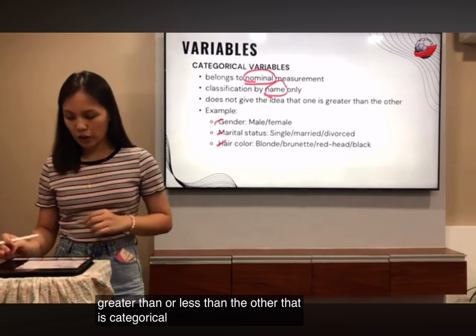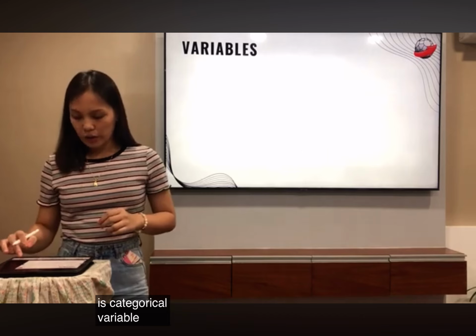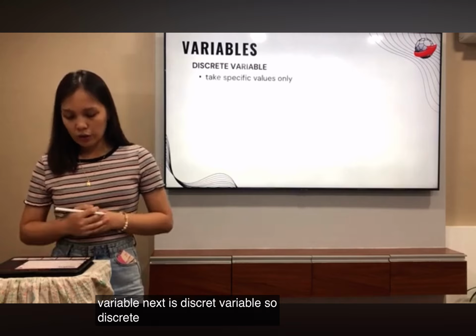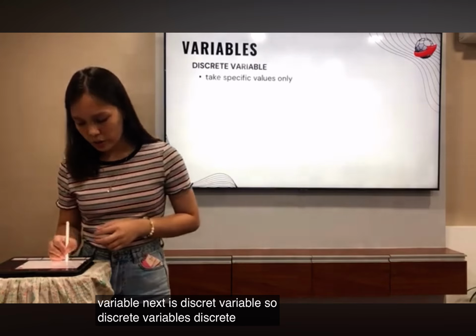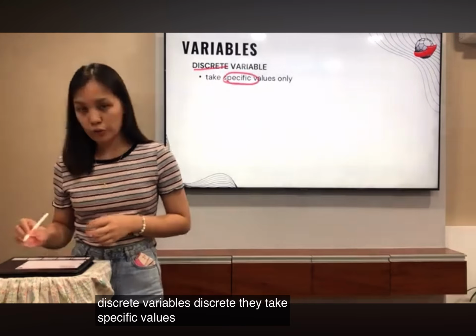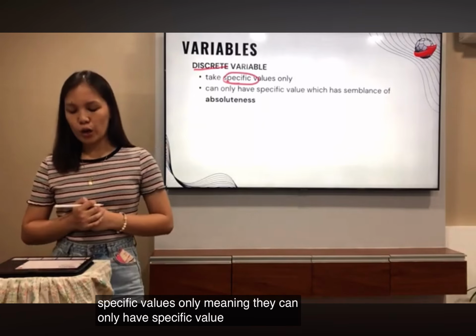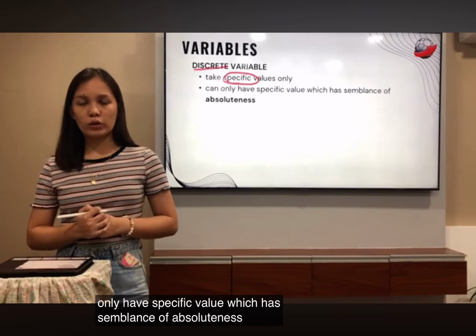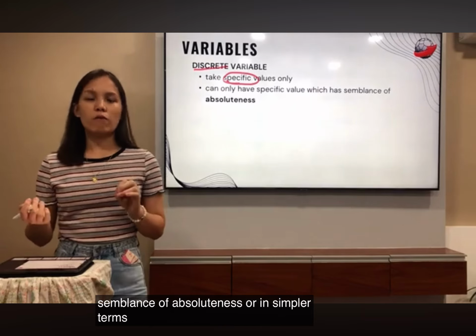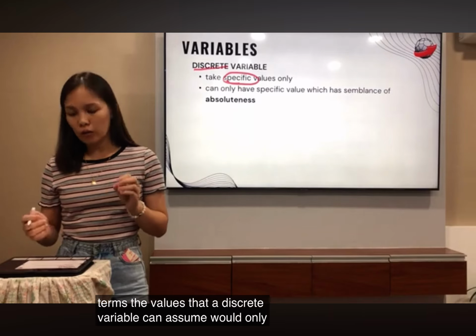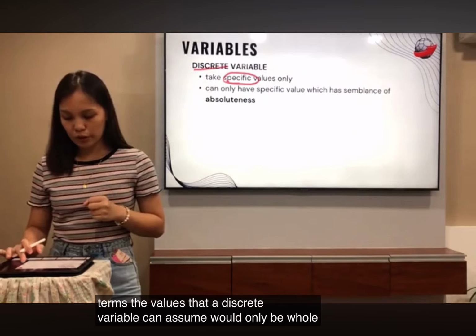That is categorical variable. Next is discrete variable. So discrete variables take specific values only, meaning they can only have specific values which have semblance of absoluteness, or in simpler terms, the values that a discrete variable can assume would only be whole numbers.